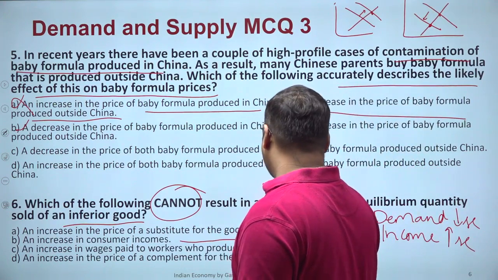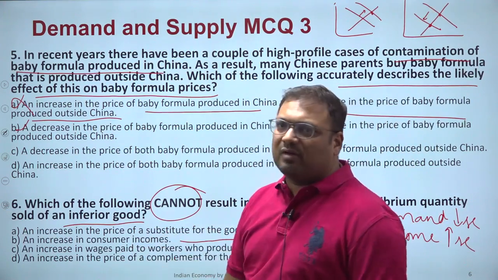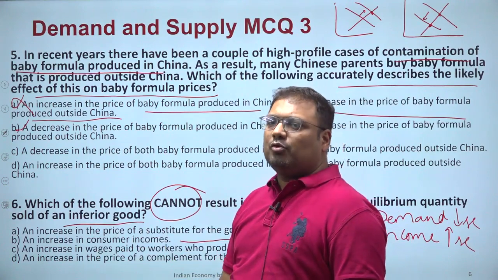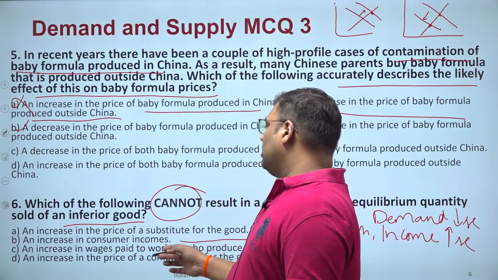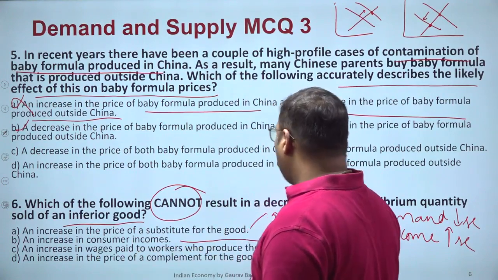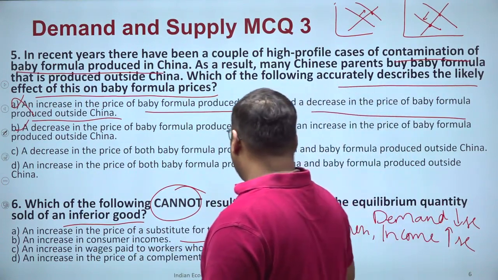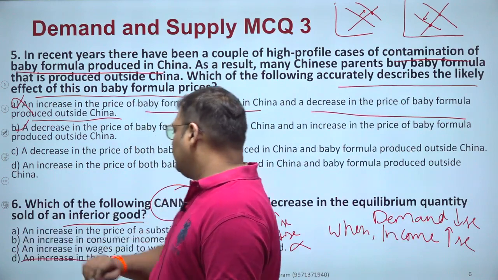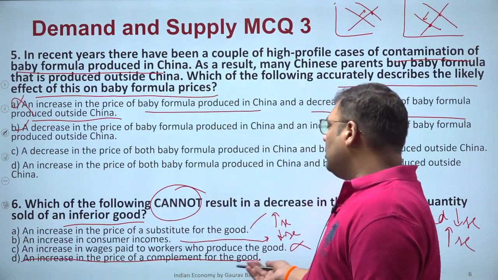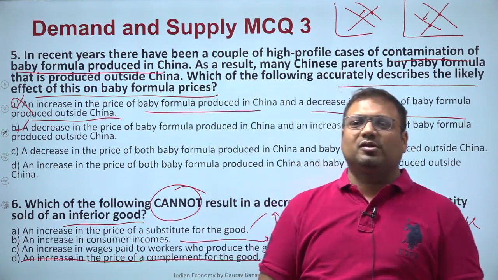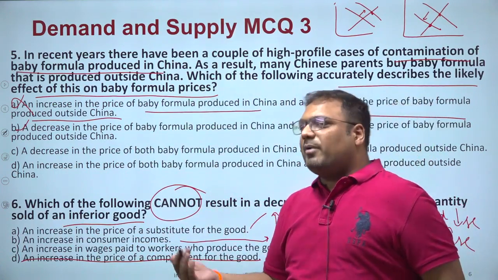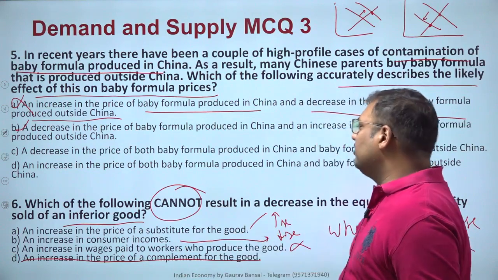Okay, you do not know whether this will affect the price or not. You do not have complete information for processing this one. An increase in the price of a complement for the good, this makes the product more expensive. Okay, means your complementary product becomes more expensive. Think about car and petrol, just like fountain pen and ink. If petrol becomes more expensive, car sales will go down.